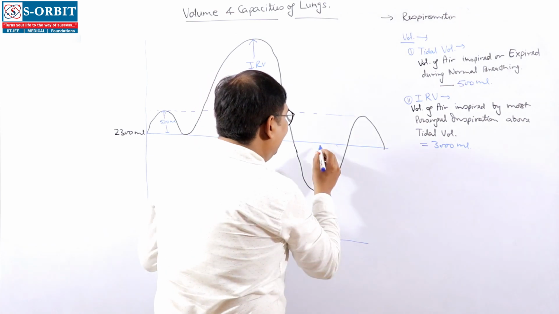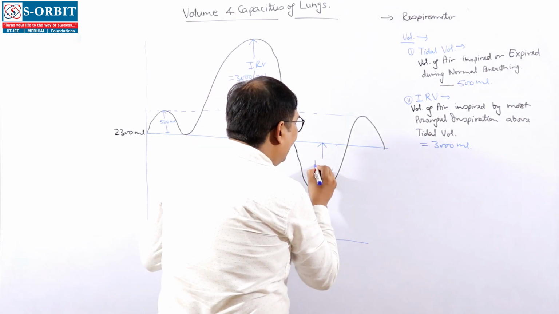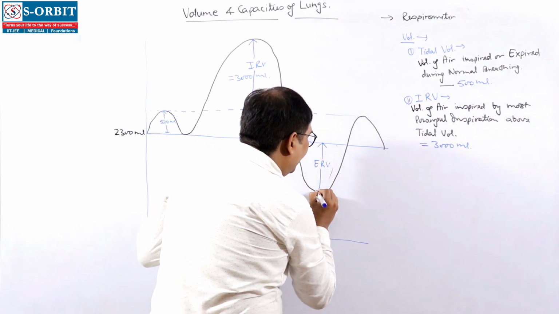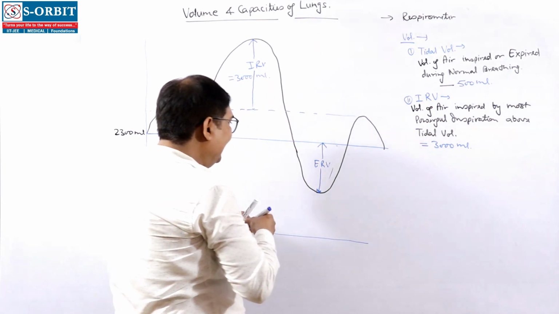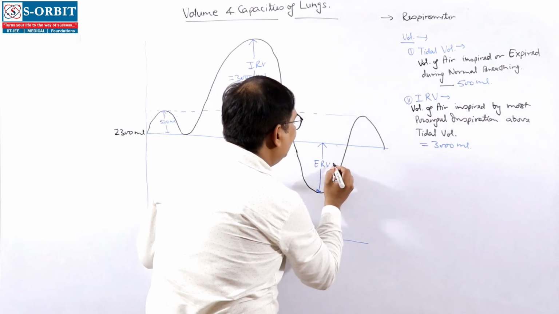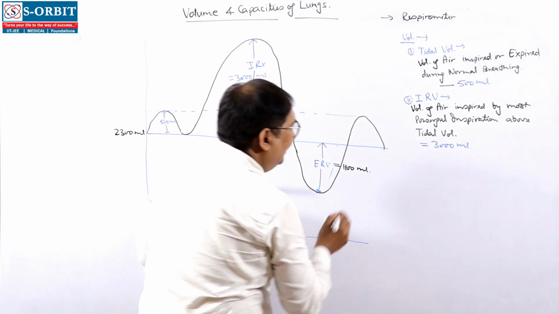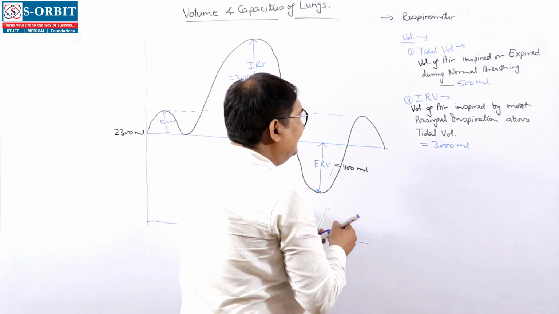It is ERV, expiratory reserve volume, and on an average, it is about 1100 ml.